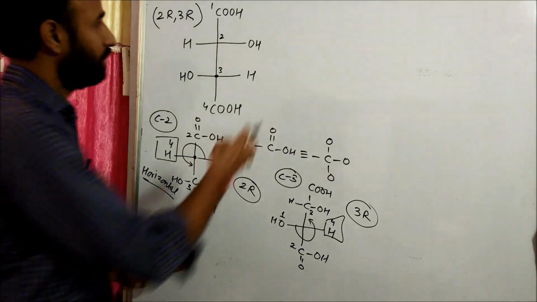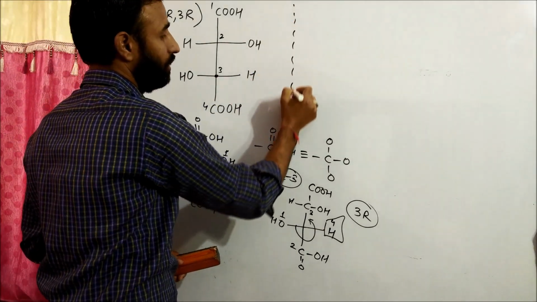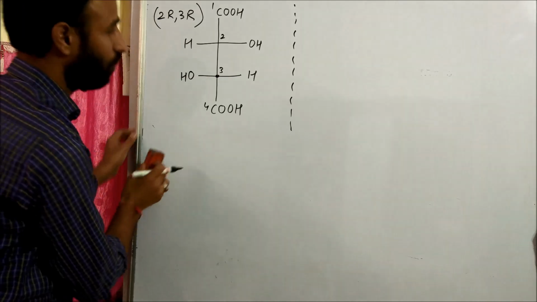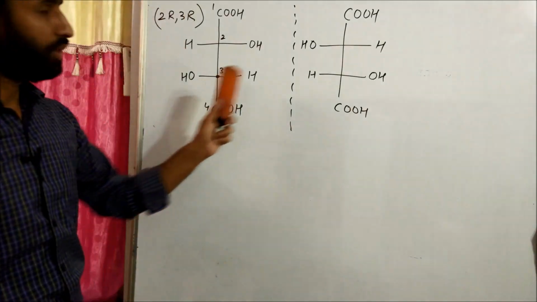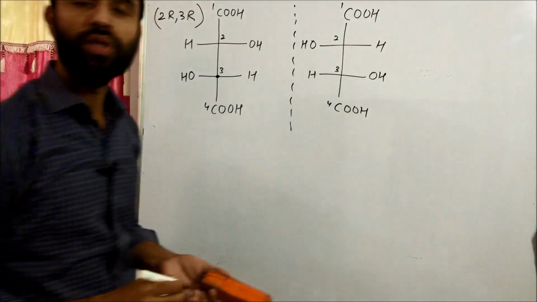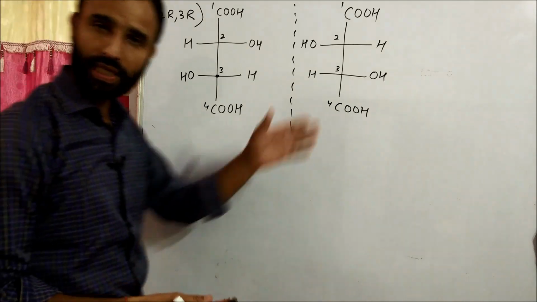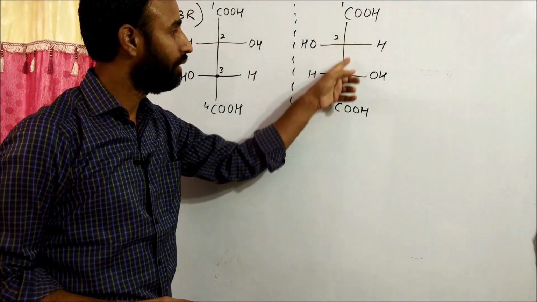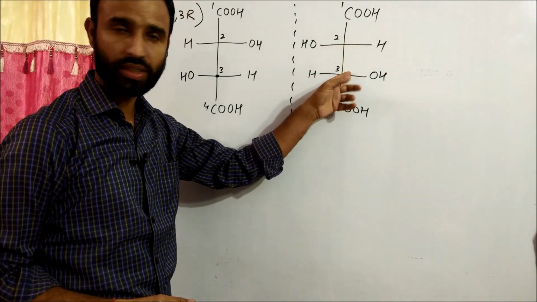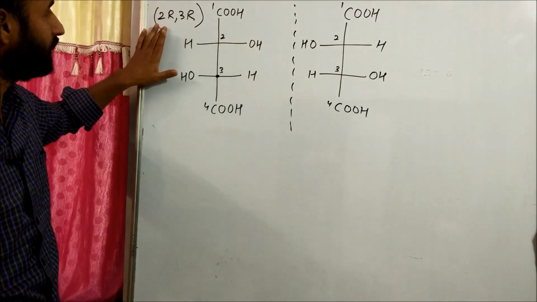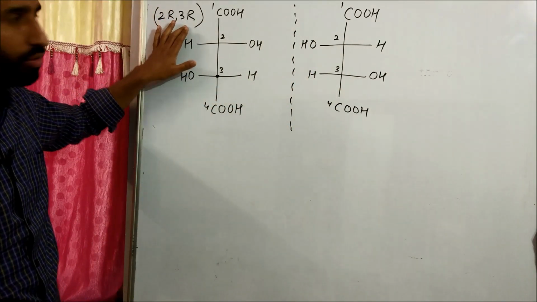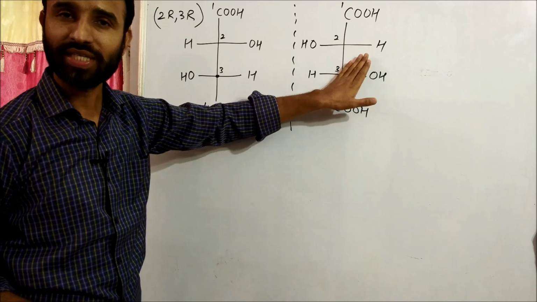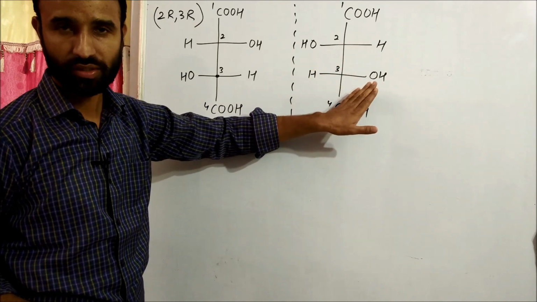Now let us discuss its mirror image. If we draw its mirror image, this is the mirror image. Without predicting its nomenclature R or S, I know that as it is 2R, 3R, the mirror image should be 2S and 3S.